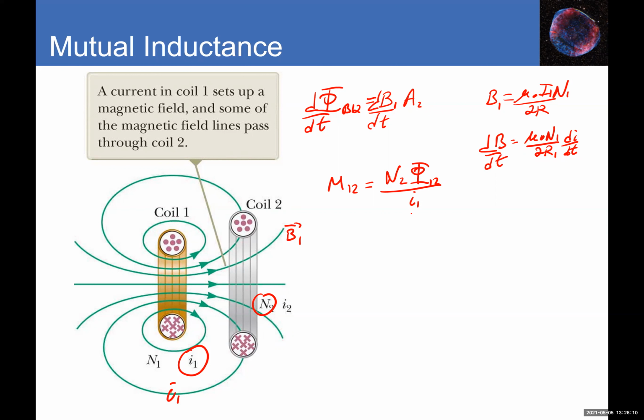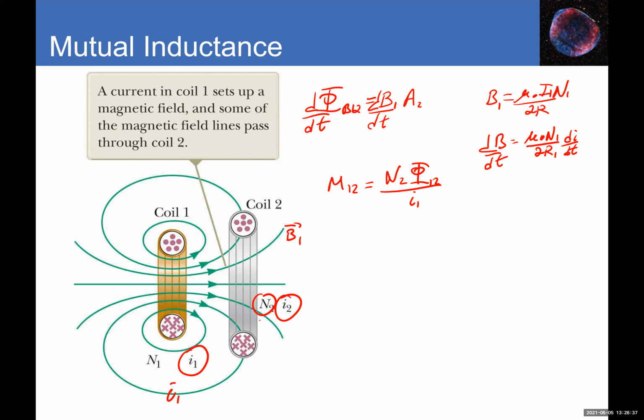One thing we have here is that as the magnetic flux through coil two starts changing, coil two then induces current and EMF. That means there's going to be a time varying current i2 inside coil two, which in turn will generate its own magnetic field, which will go through coil one.